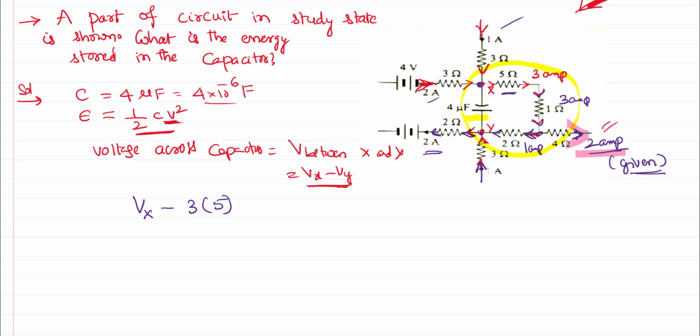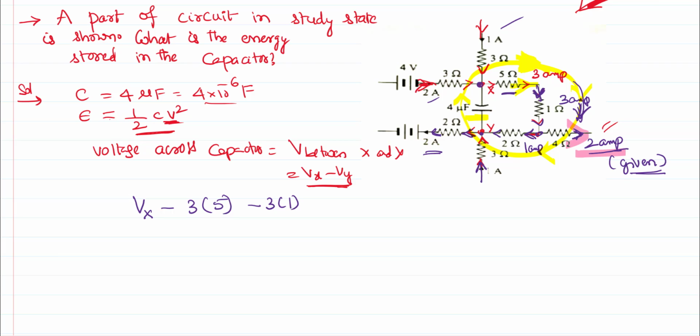Why a minus? Because we have considered a clockwise direction. The current in this element is in the same direction as the direction we have chosen, so the potential drop across it is negative. Even here the current is going the same way, so that is also minus IR, that is 3 into 1.